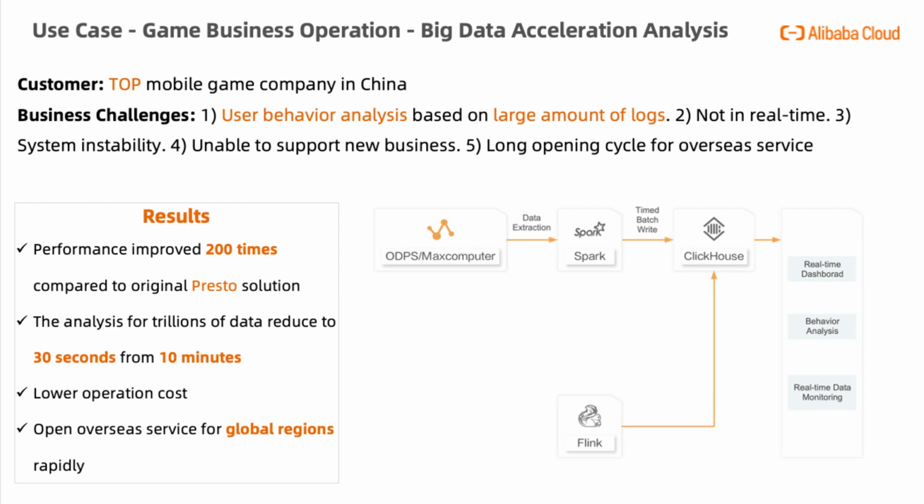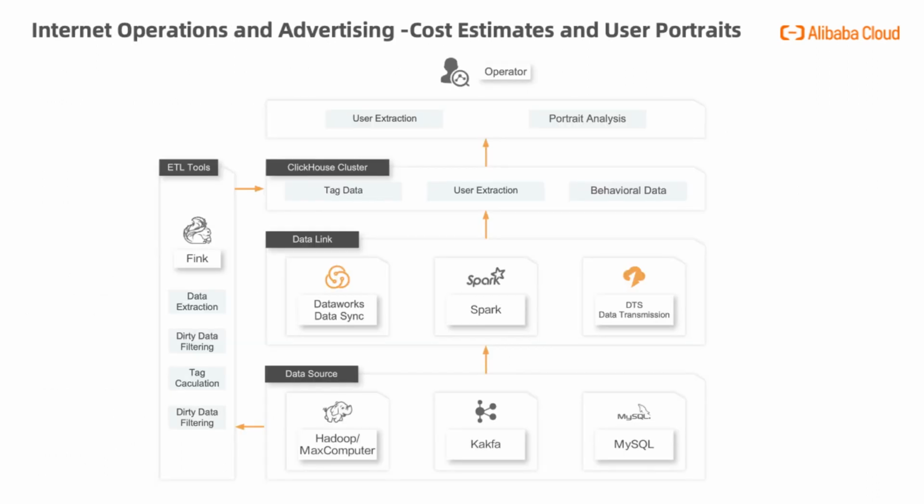In the aspect of operation and maintenance, it reduced the operation cost and helped open overseas service for the global region rapidly. Just as ClickHouse was born for doing clickstream and advertising-oriented data analysis, using ApsaraDB for ClickHouse is definitely a brilliant choice.